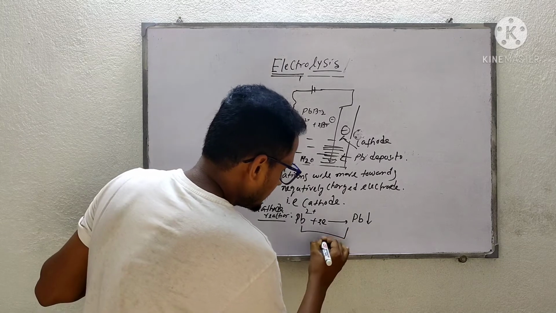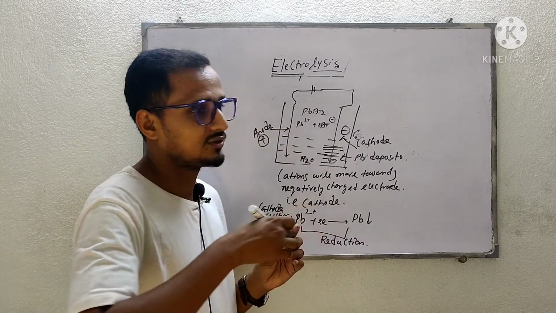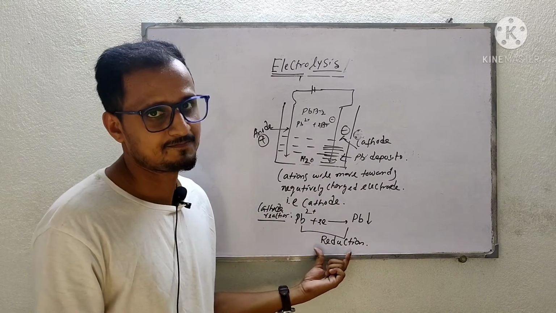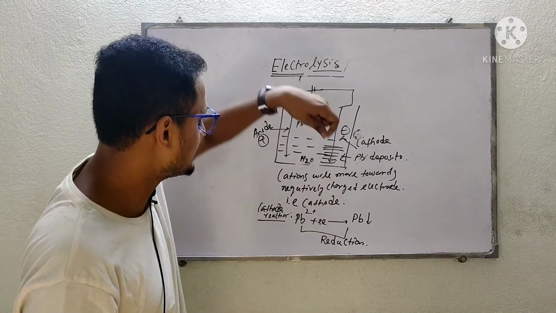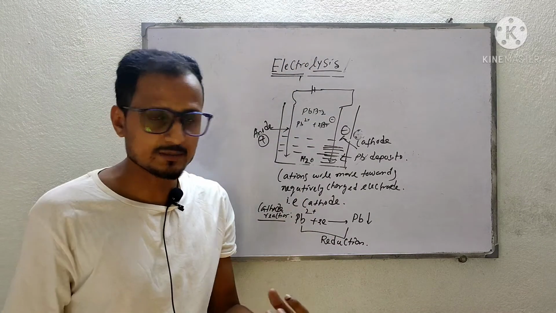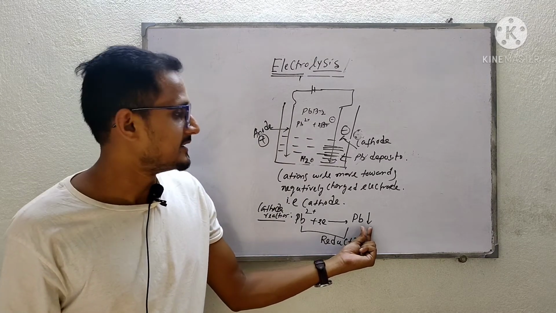So here reduction is going on. So in the cathode, the reduction process is going on. What is the summary? Cations will go to the cathode, take up electrons by the reduction process, and form a neutral element.